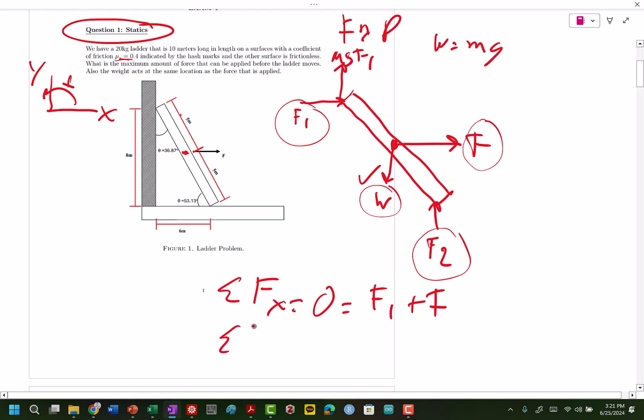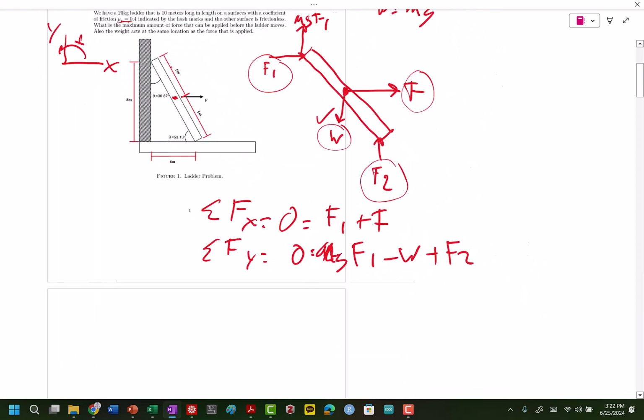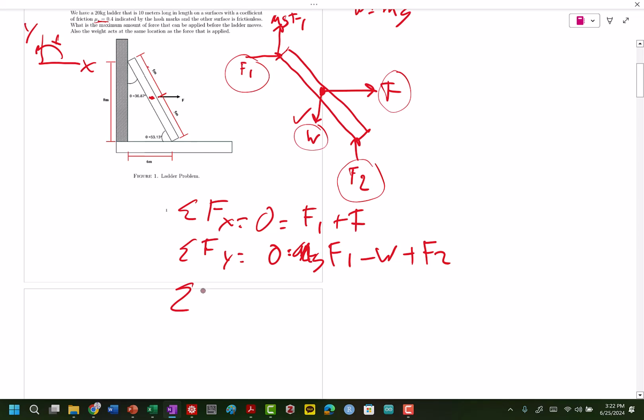The sum of the forces in the y direction must be equal to 0, which is going to be mu S F1 minus W plus F2.